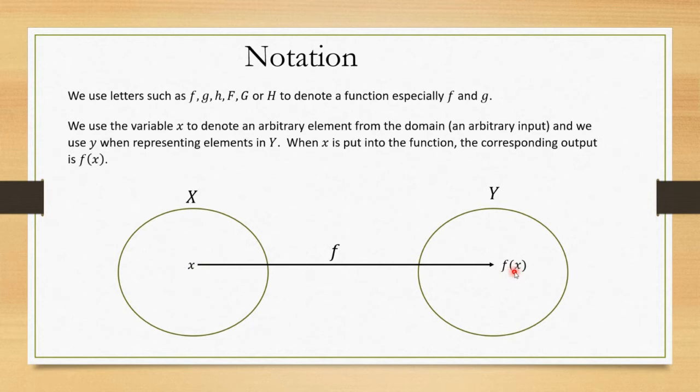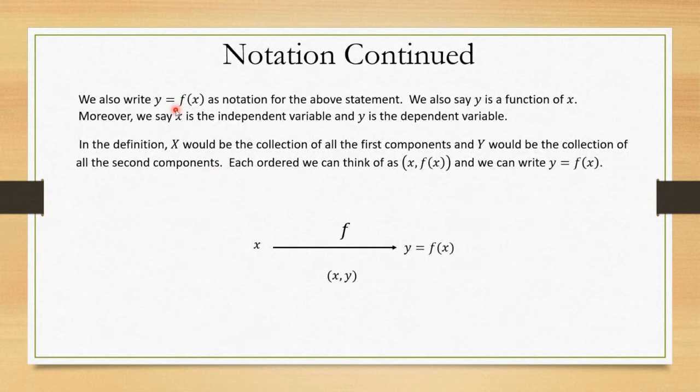F of x. And not only that, people also write this. This is actually notation for the above definition, because remember how y represents an arbitrary element in capital Y? What we're saying is the function f gives us the element in set Y, and the element it gives us is f of x.